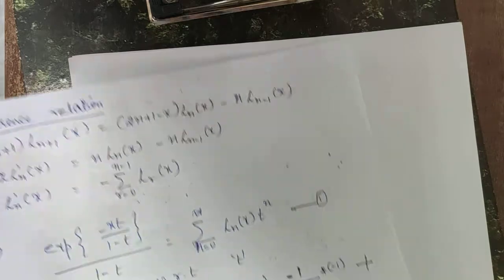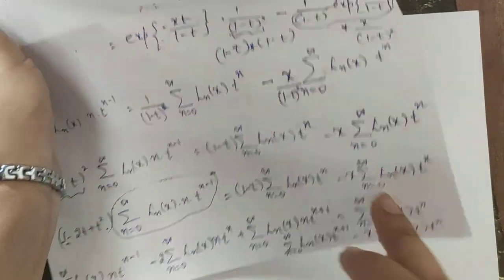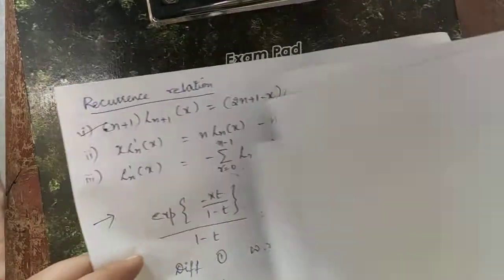Now let's equate the coefficients of t power n from both sides of this last equation. Let's see what we will get.